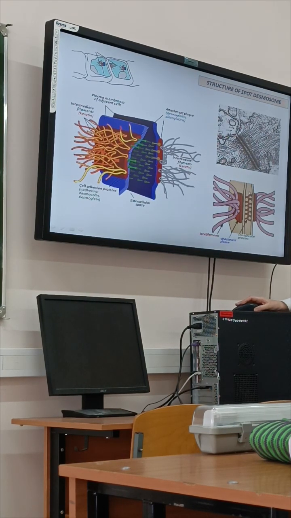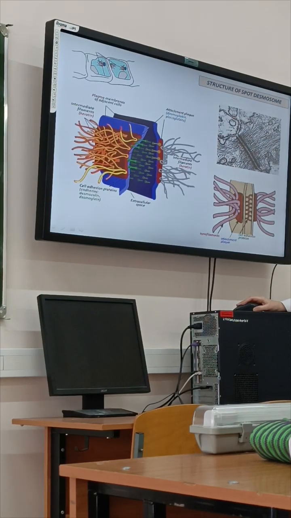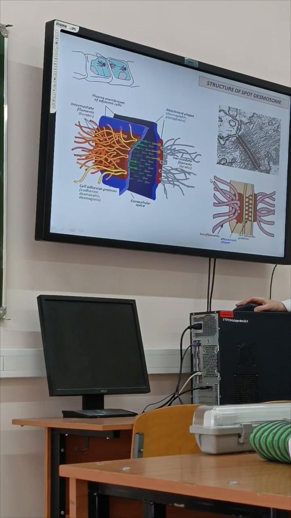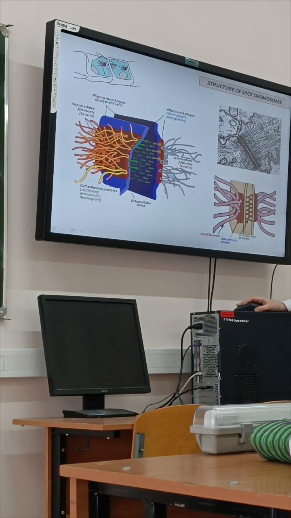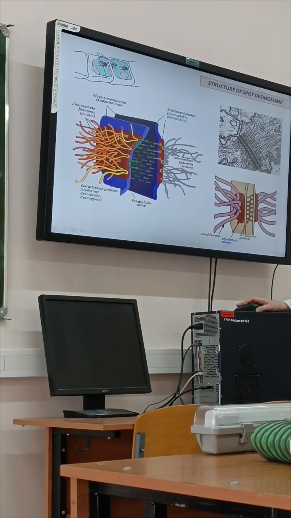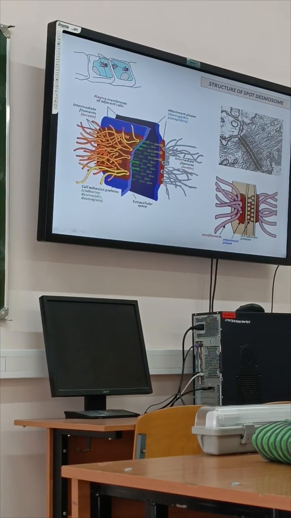Spot desmosome, a mechanical junction. Two membranes, and after that we can see the attachment plaque, and internally intermediate filaments attached to this plaque. On the opposite side of the plaque, we can see transmembrane proteins from both sides that anchor with each other.